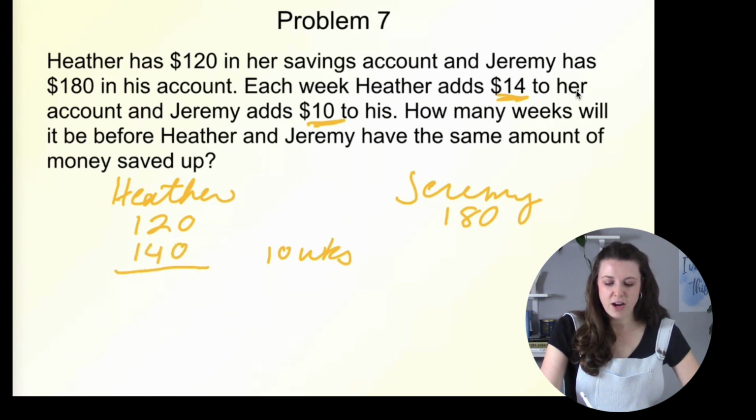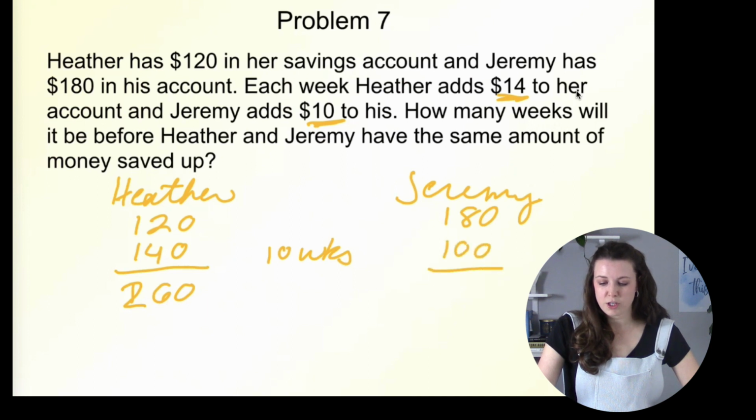So that puts Heather at 260. And 10 times 10 is 100. So that puts Jeremy at 280. Okay, I'm still $20 off. Heather's 260, Jeremy's 280, so $20 difference between the two.